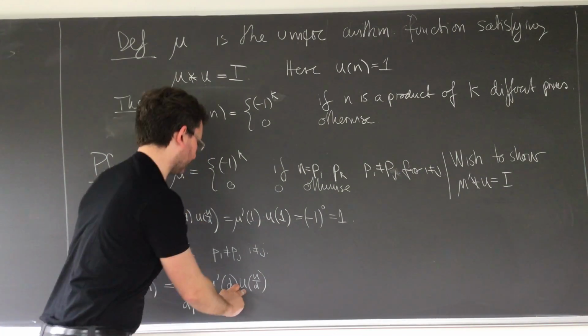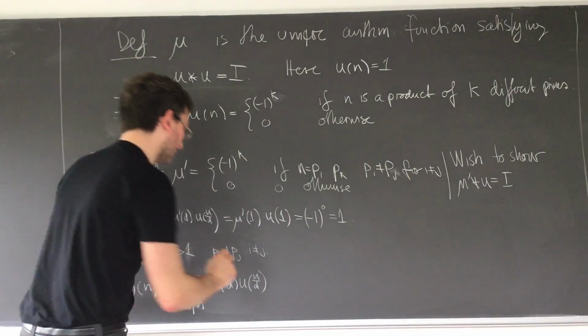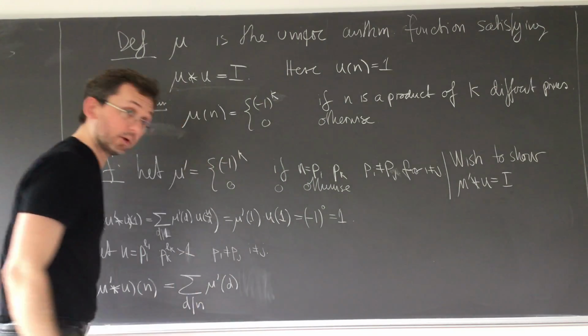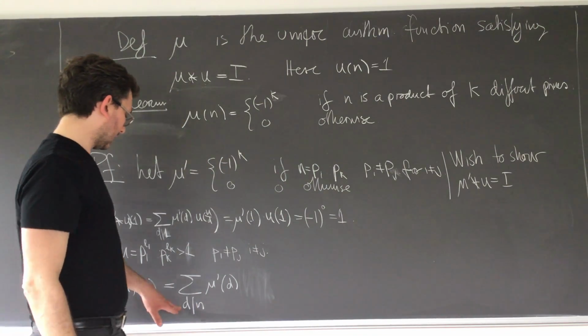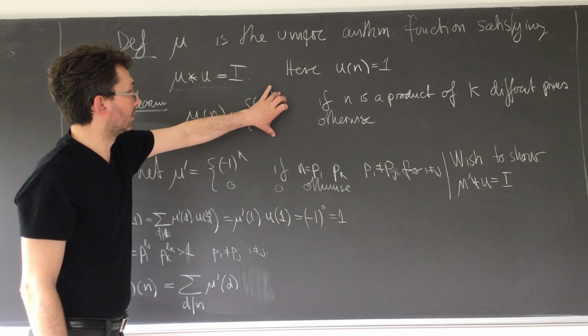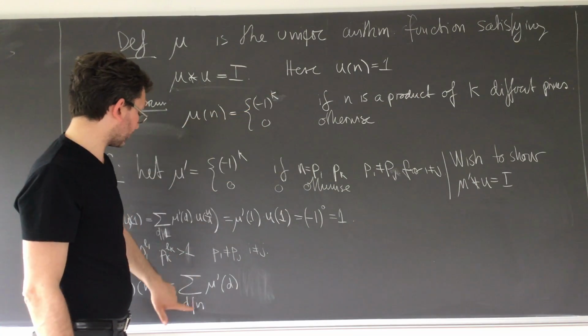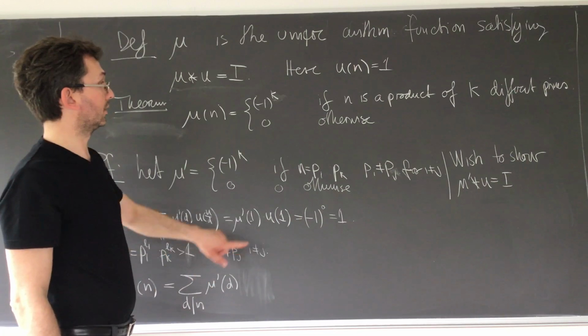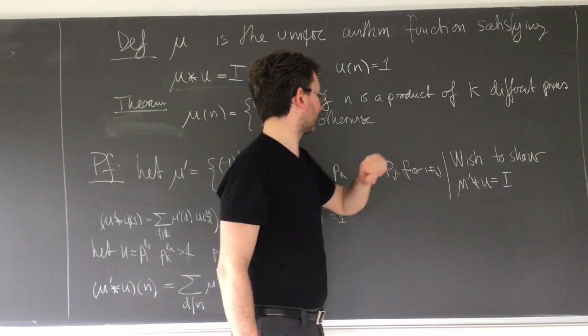Now u of n divided by d is always a 1, so I can simply ignore it. The mu prime of d is only non-zero if the divisor I'm looking at is a product of different primes.